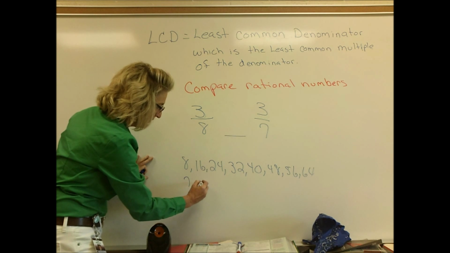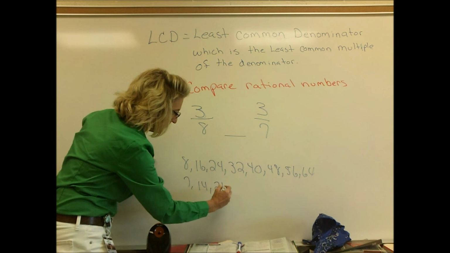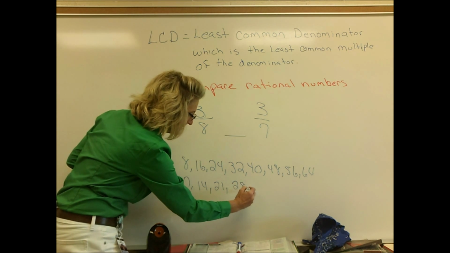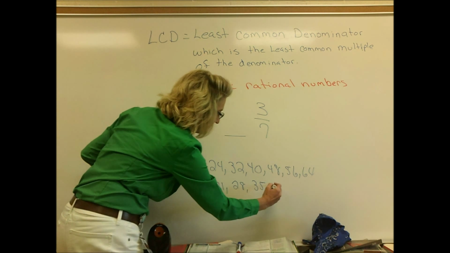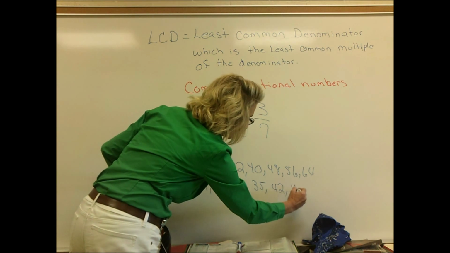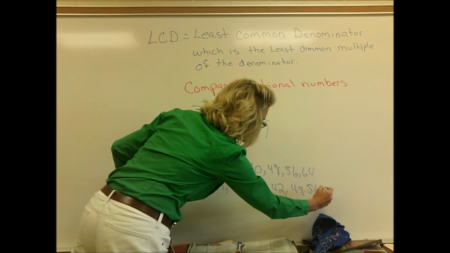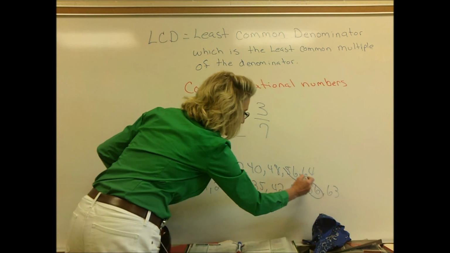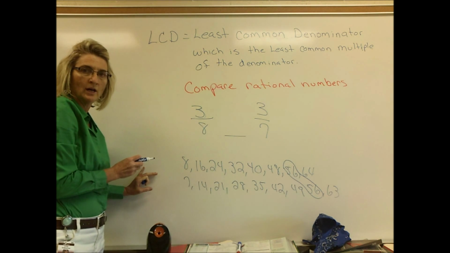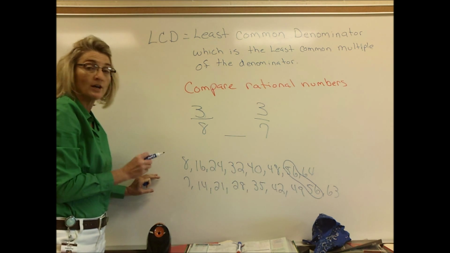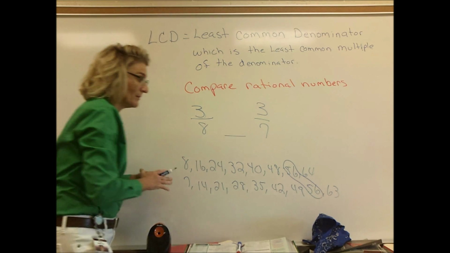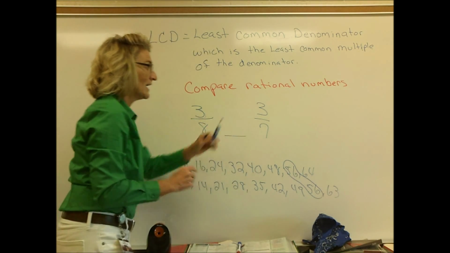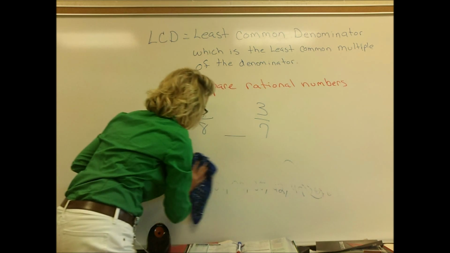I have 7, 14, 21, 28, 35, 42, 49, 56, and 63. But my least common multiple is 56. So we're going to make that into our new denominator of both 3/8 and 3/7.